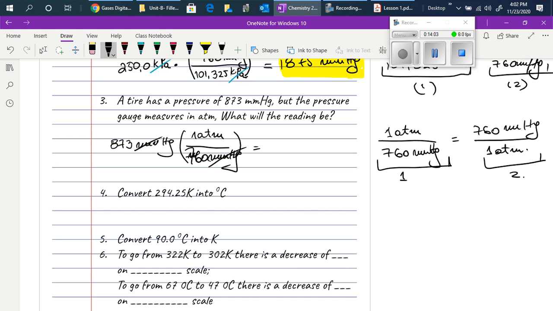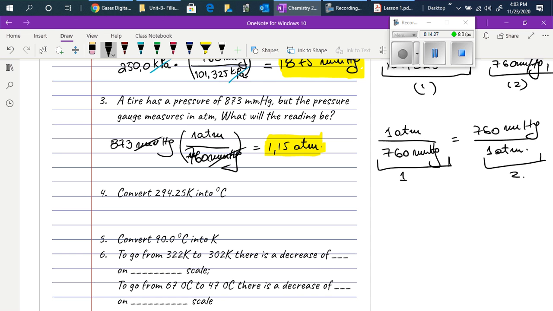Using the calculator, it is 1.15 atmosphere. Again, we are honoring the significant digits rule.